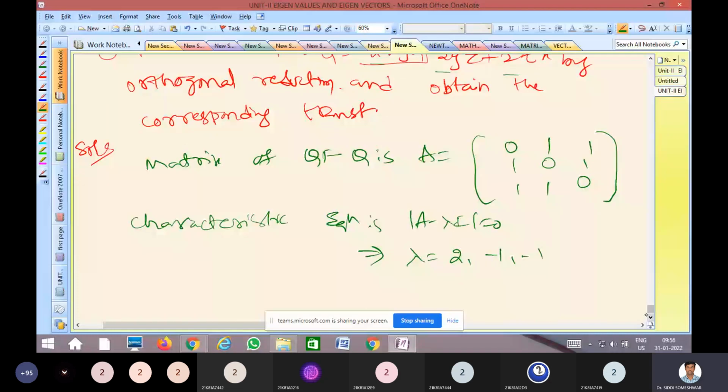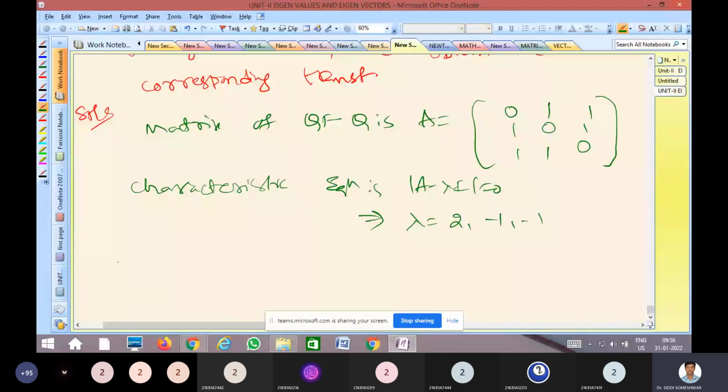If you observe the vectors here, the first vector corresponding to x equal to 2 is 1 1 1, and corresponding to minus 1 you are going to get two vectors, that is minus 1 0 1 and x3, minus 1 1 0.